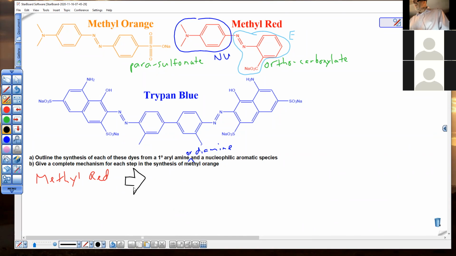And our two pieces are this piece here and our other piece here. With a plus. And that piece is as is. You can circle it because that's one of the starting materials.